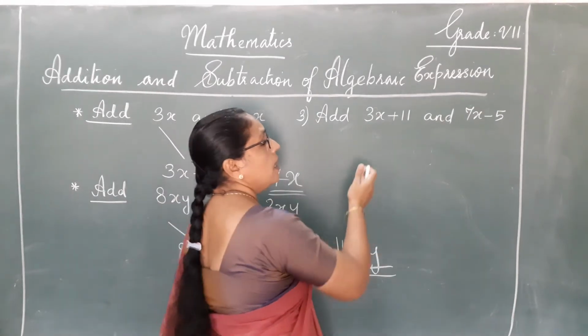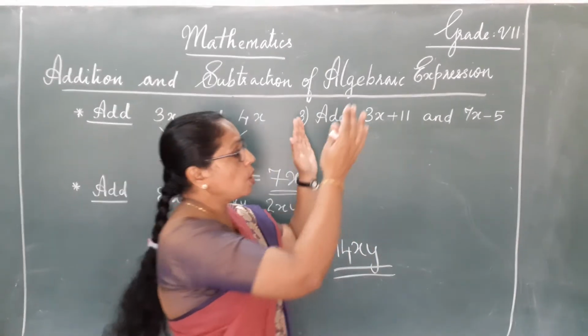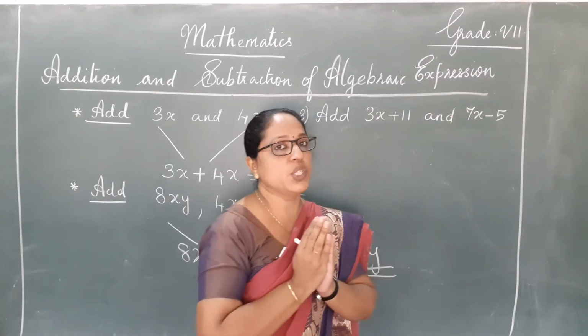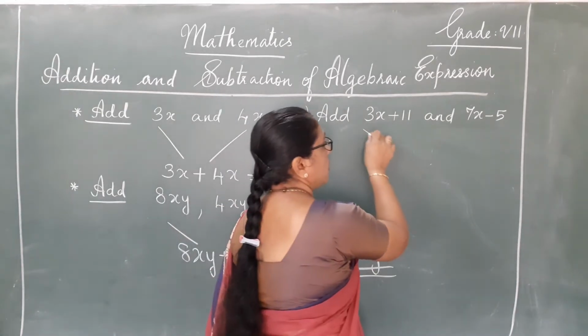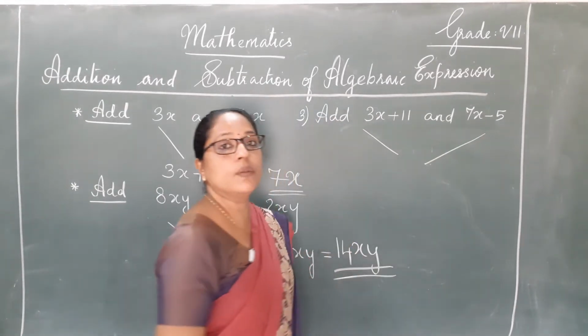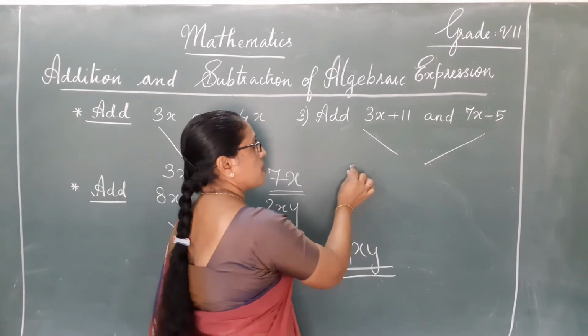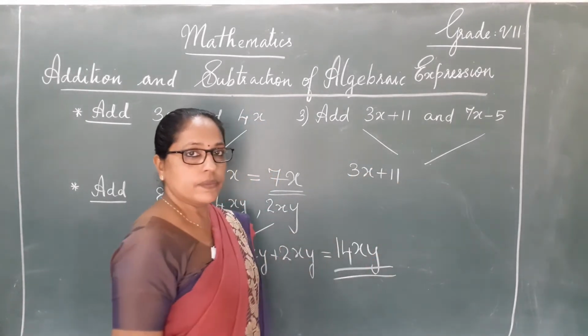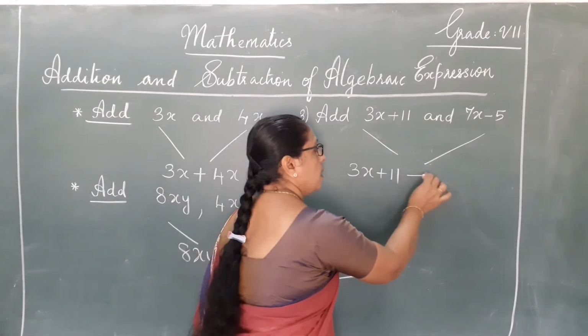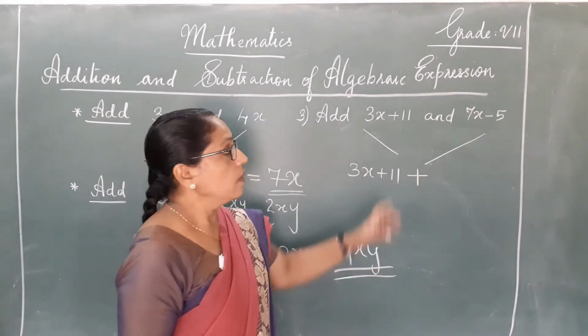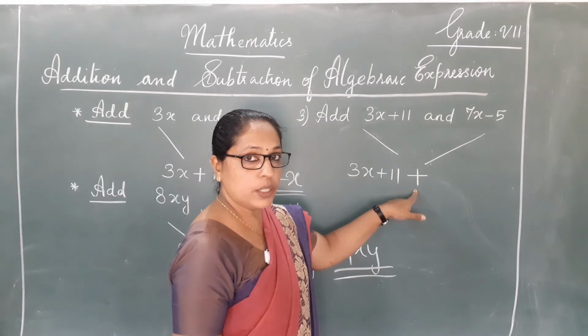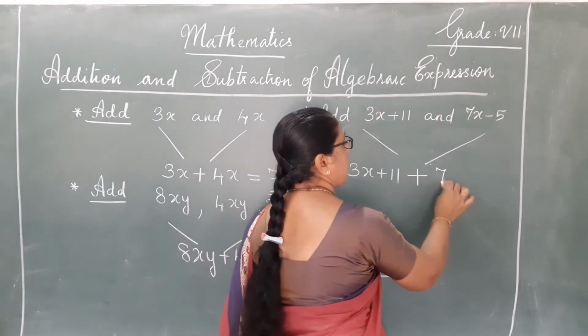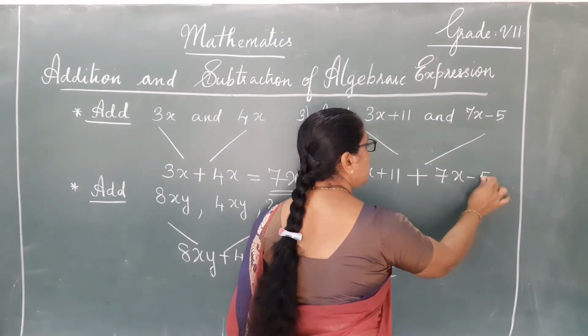In the same way, when you have to add, join the expressions with an addition sign. When you join them, what do you get? The first expression, 3x plus 11, added to the second expression, 7x minus 5.